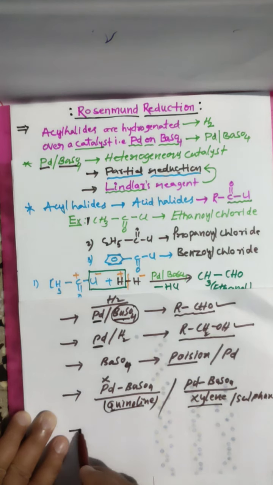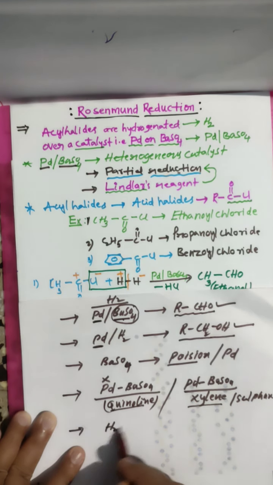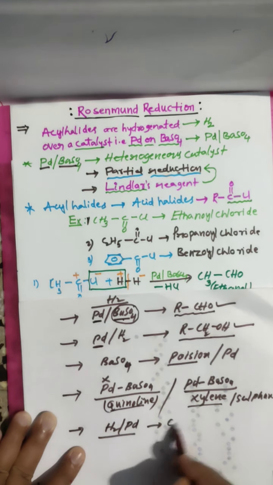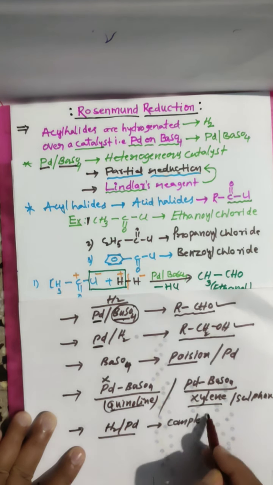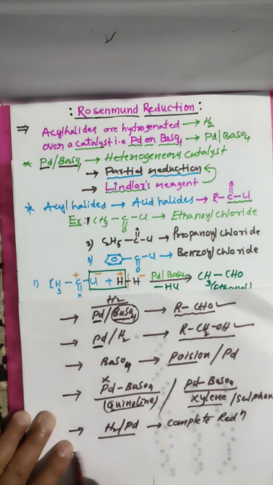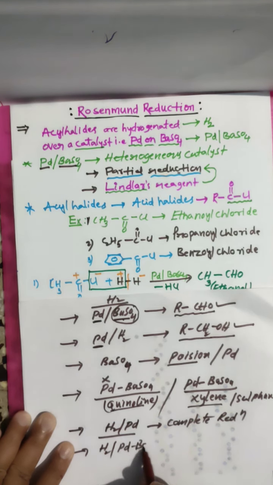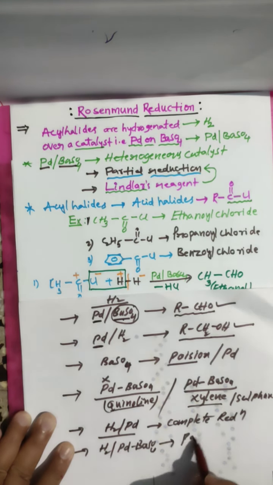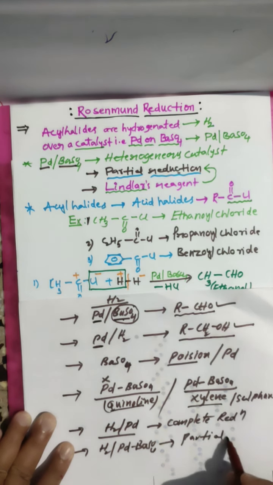So you should be very careful about what they give. Hydrogen on palladium, complete reduction will take place. Hydrogen on palladium barium sulfate given, this is partial reduction. So this you have to remember.